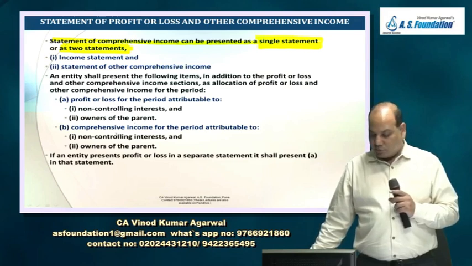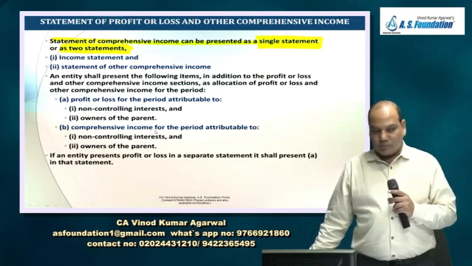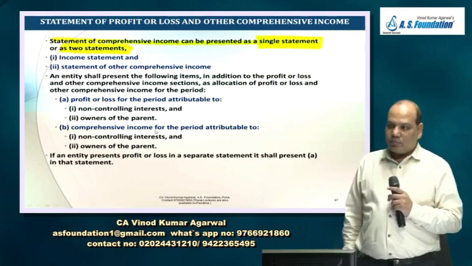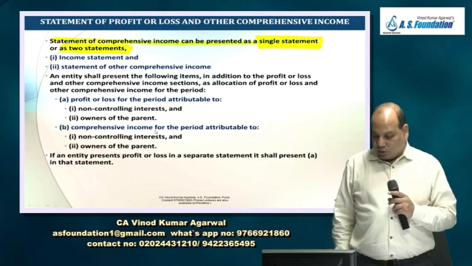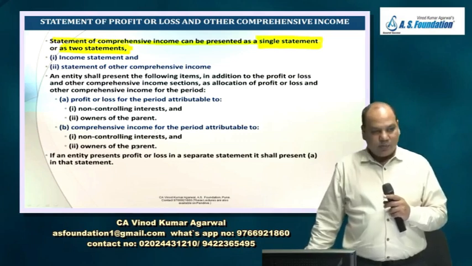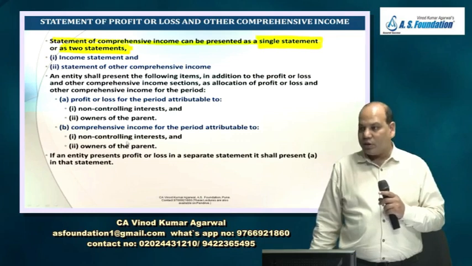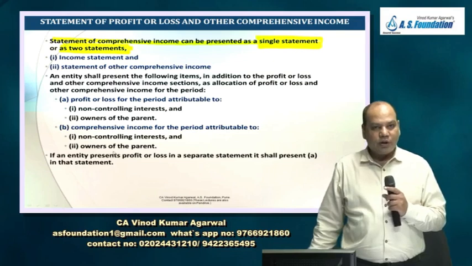Similarly, the comprehensive income, means total of profit or loss and other comprehensive income, you will divide between non-controlling interest, means the minority stakeholders in the subsidiary, they are called non-controlling interest, and owners of the parent.